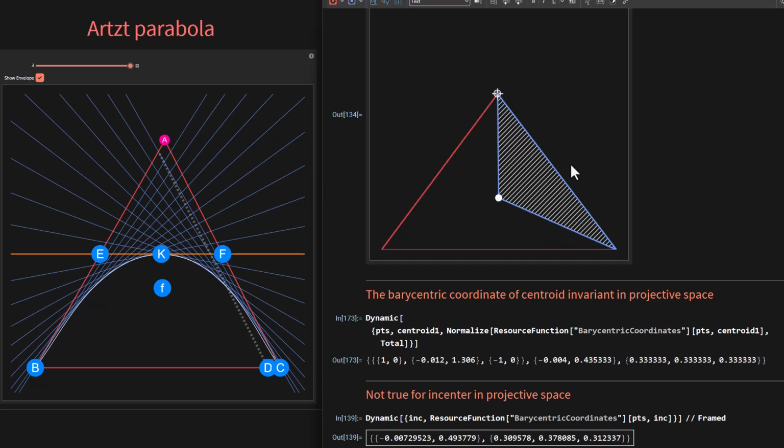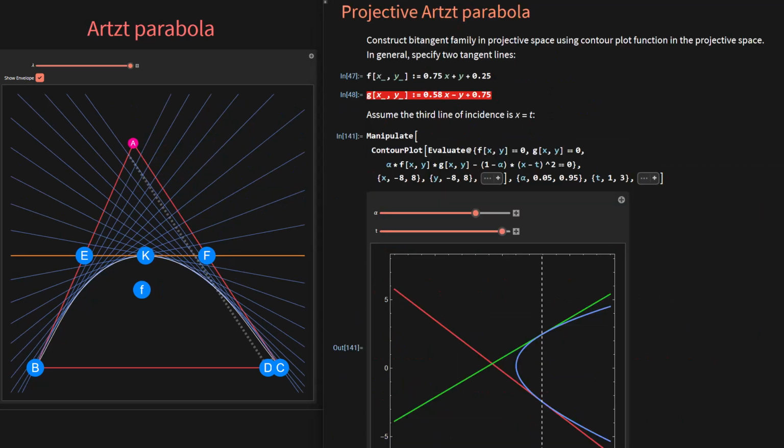The idea of invariance in projective space can be generalized into a curve. So it's not only limited to the points we have seen. If you know the Kimberling triangle centers on Wikipedia, they have millions of points in the context, and you can find a lot of them are just like the centroid, invariant under barycentric coordinate transformation.